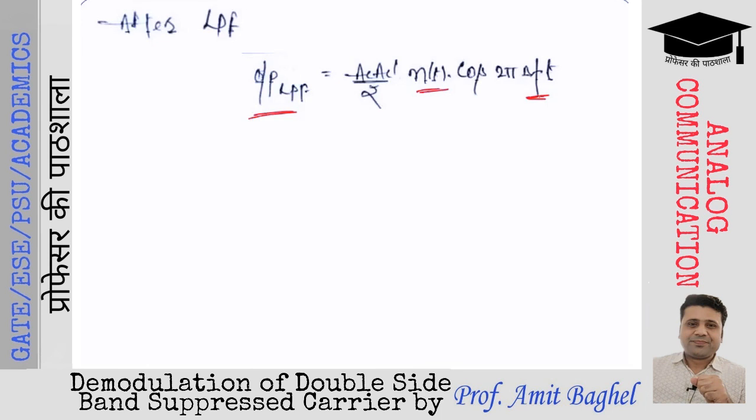Hence, when the time changes, Ac dash by 2 m(t) into cos of 2 pi del f t will also change. That means we are not going to get the message signal back at the receiver side if there exists a frequency error. Whatever may be the value of the frequency error, you will never be able to extract the message signal back at the receiver side with the help of the synchronous detector.